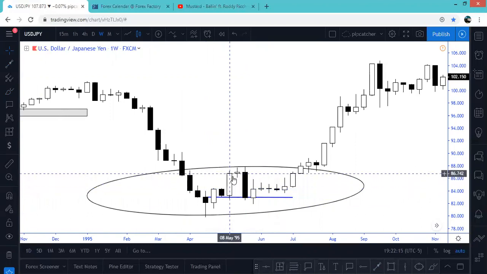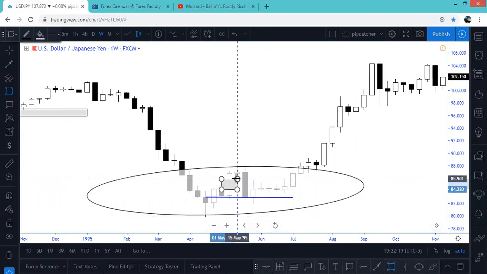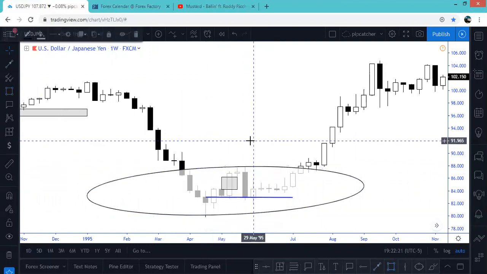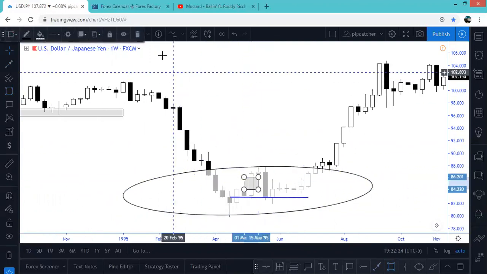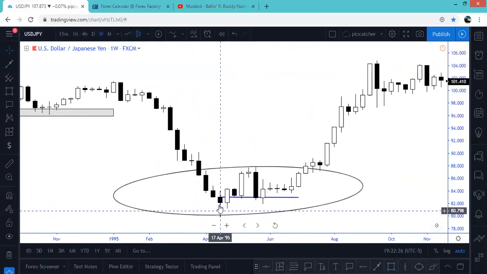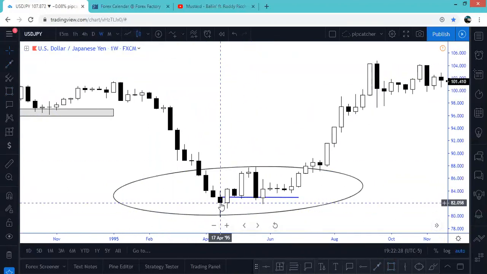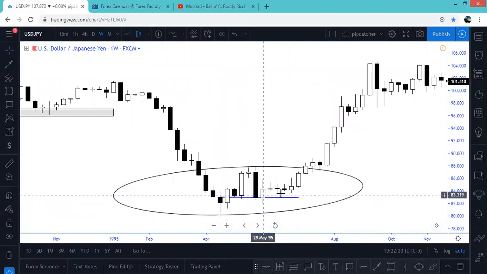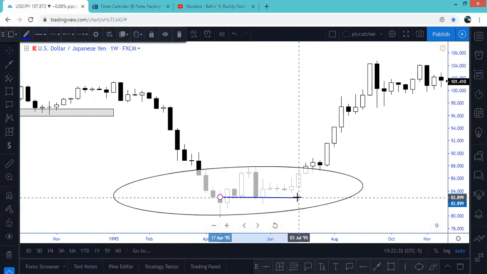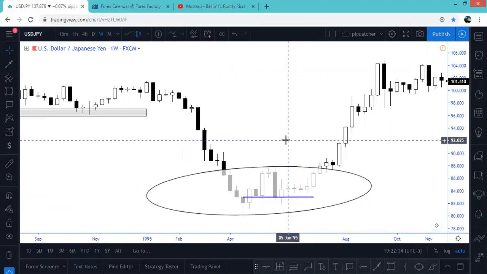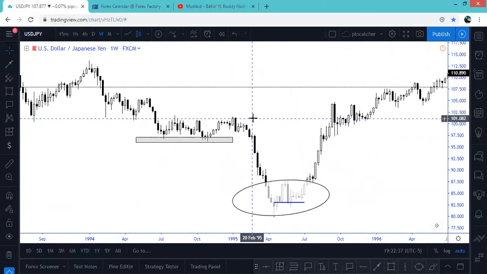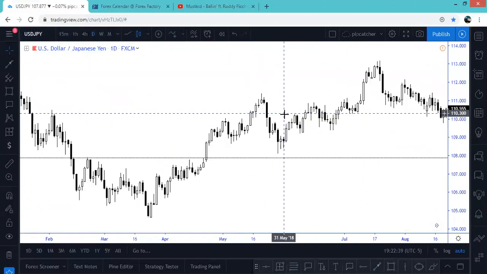Maybe so, but there's also this imbalance right in here. Okay, right? So now that we have an understanding of where the last down candle is on a higher time frame, we're going to go now to the daily and see what happened.